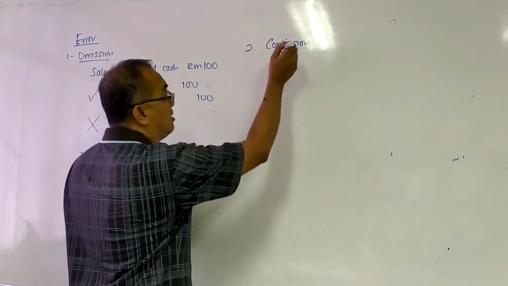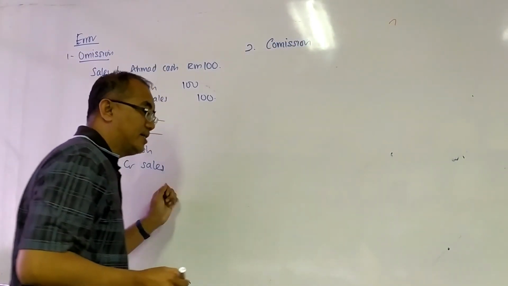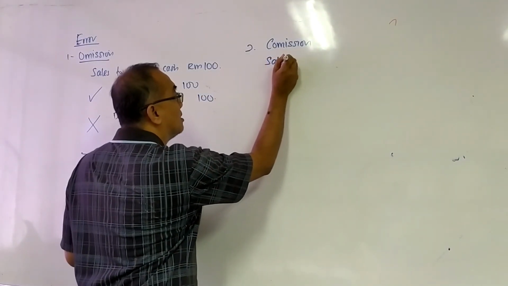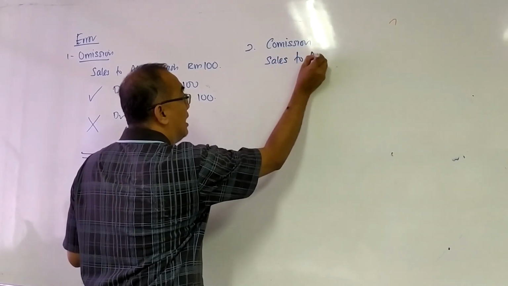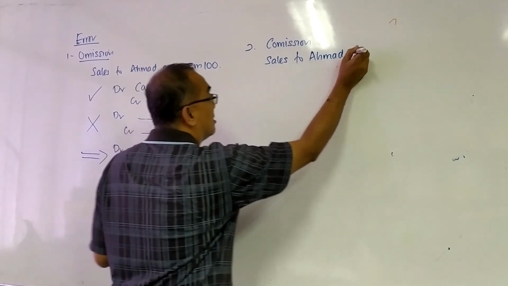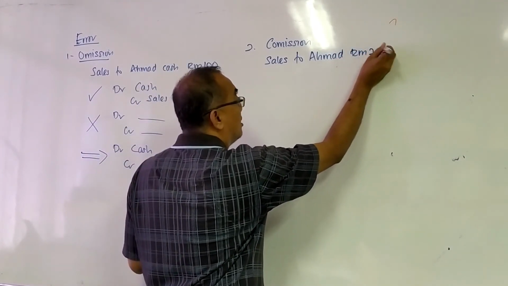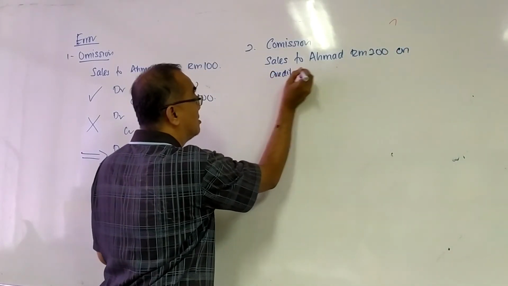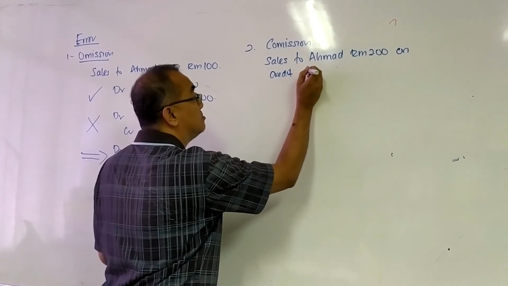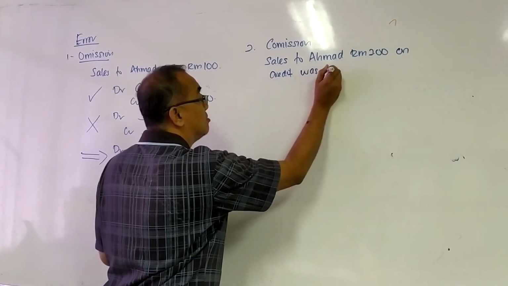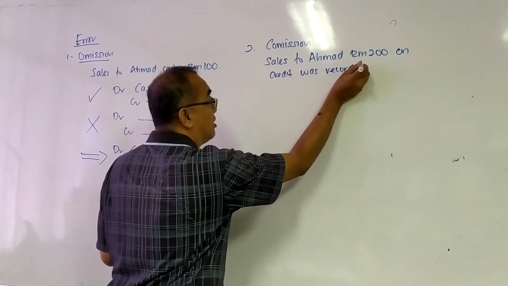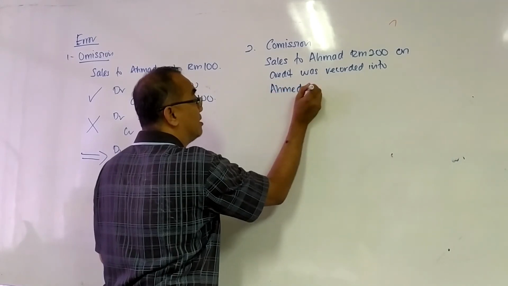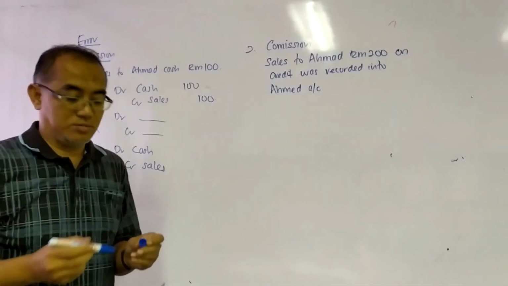Okay, this is an error. For example, sales to Ahmad of RM 200 on credit was recorded into Ahmad's account.